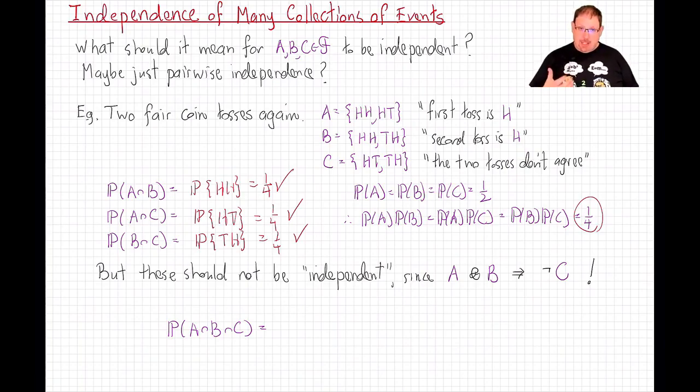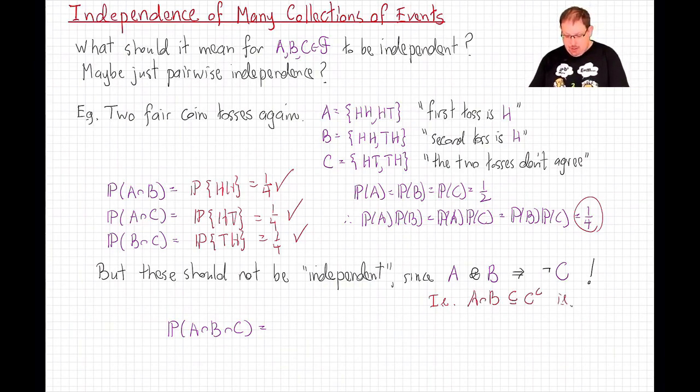Now, if we want to use the set theory symbols that we've been working with so far, this implication that A and B implies the negation of C, we could write simply as the intersection of A and B is contained in C complement. In other words, A intersect B intersect C is the empty set, which means that it has probability 0.